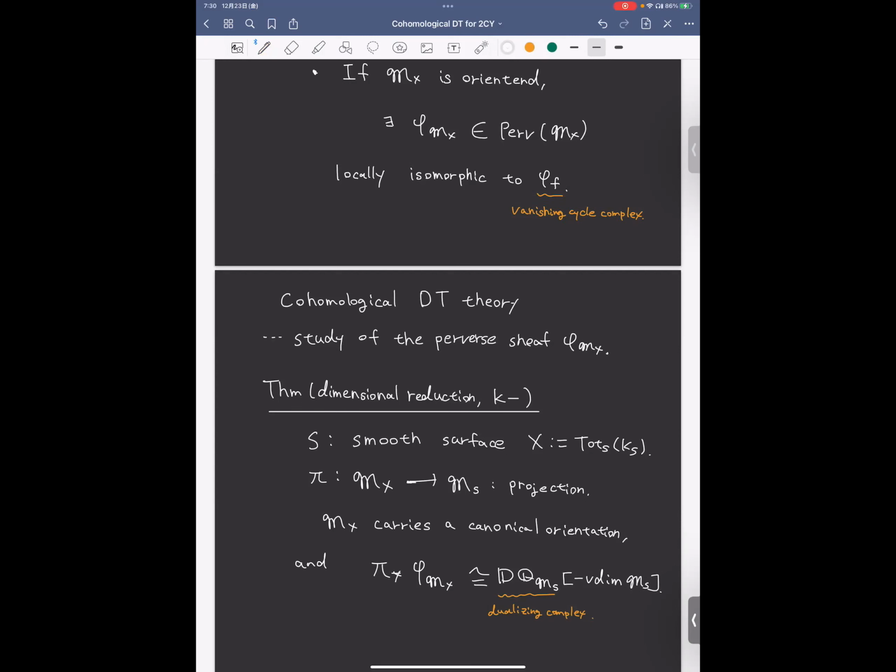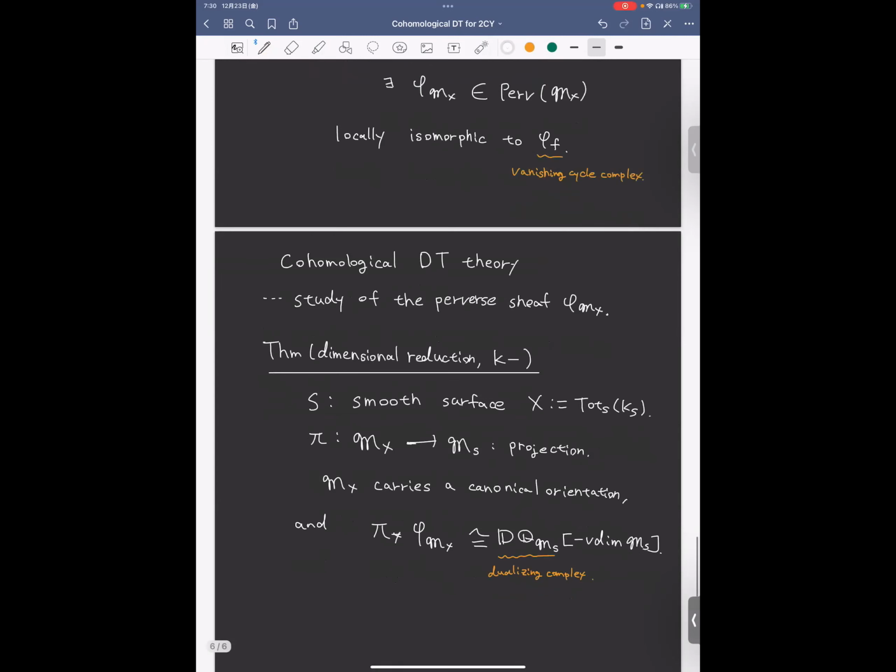So by taking the hypercohomology, we have that the hypercohomology of Joyce's perverse sheaf is isomorphic to the Borel-Moore homology of M_S.